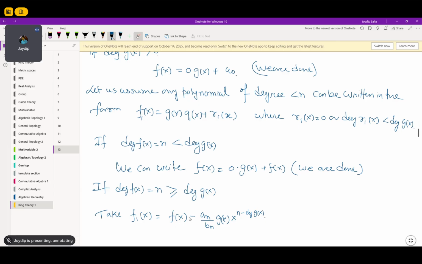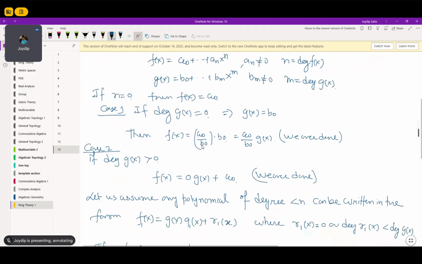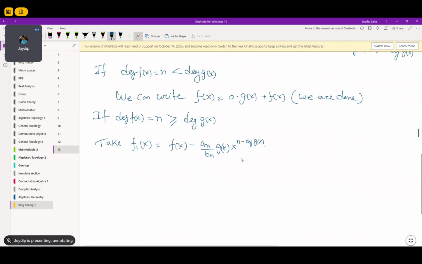So the leading term will cancel. You see that if I multiply this, the leading term of f(x) and the leading term of this will cancel. So degree f1(x) is less than or equal to n minus 1.